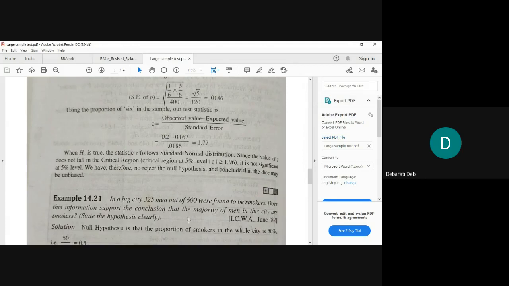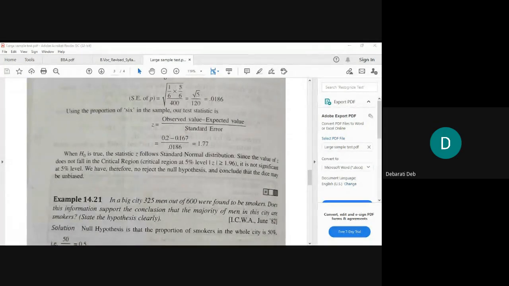Because why? Our null hypothesis was that the dice is unbiased, isn't it? That's why when we are accepting the null hypothesis, it also proves that the dice is unbiased. Write down these lines. The last line you write on your own, what I said.